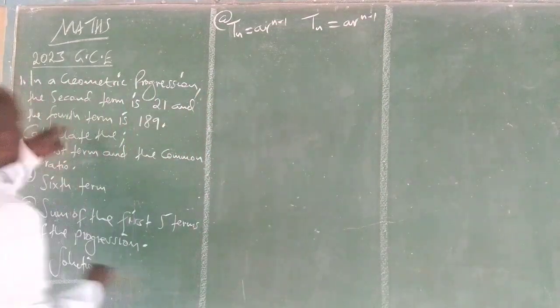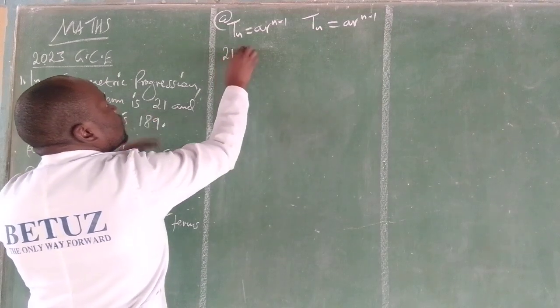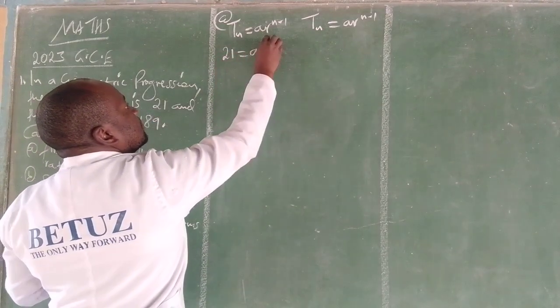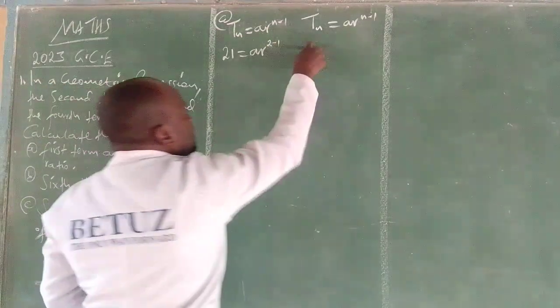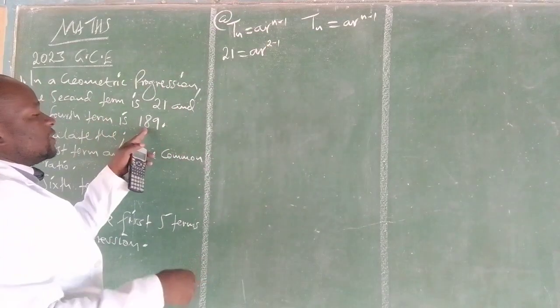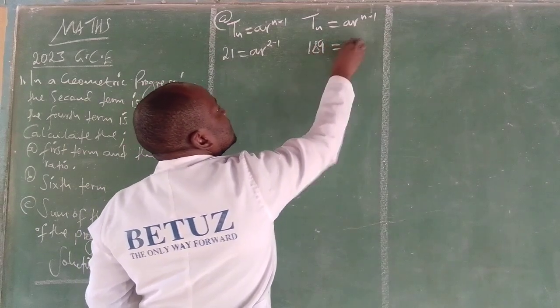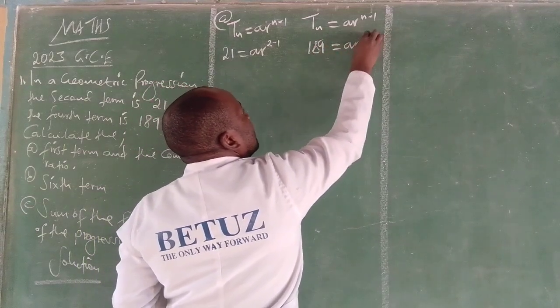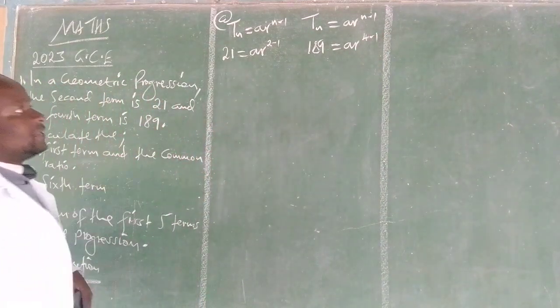Now the second term is 21, meaning 21 is equal to AR to the power 2 minus 1. The 2 means the second term. The fourth term is 189, so 189 is equal to AR to the power 4 minus 1. The 4 represents the fourth term.